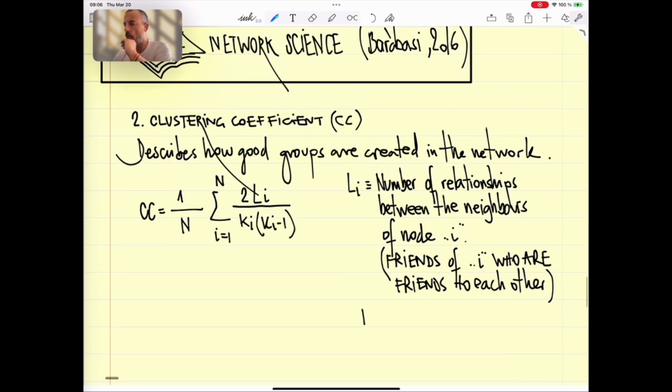K sub i is the number of neighbors of node i. Okay?